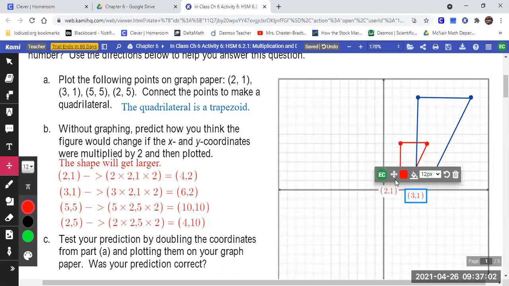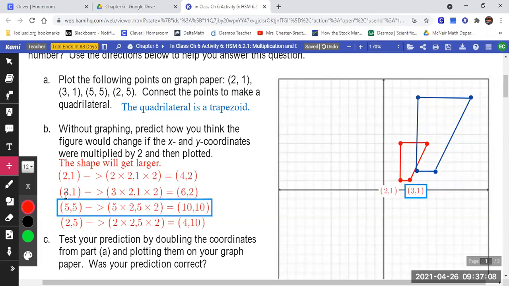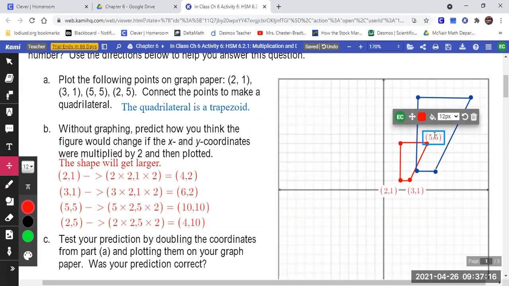Okay. Now remember, the red one was the first coordinates and the blue one is the last coordinates. So we already have them. We just have to copy and paste them onto the graph, which makes it kind of nice, right? Easier to deal with.